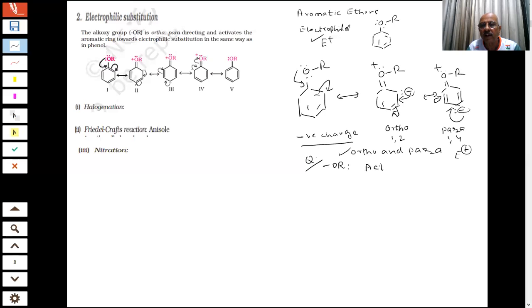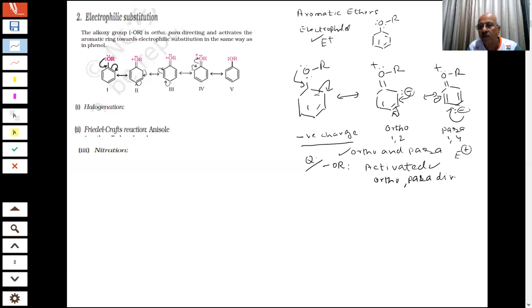This is activating the benzene. So it will make the reactions faster, and even weak electrophiles will be ready to come and attach and do the substitution reaction. This is called electrophilic aromatic substitution. The OR group activates the benzene ring, and it is ortho-para directing.